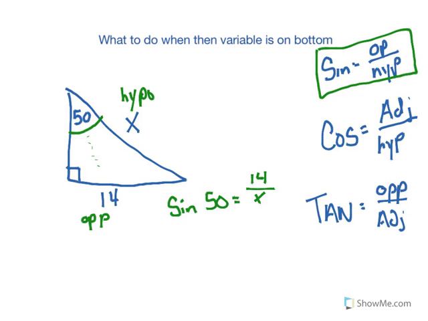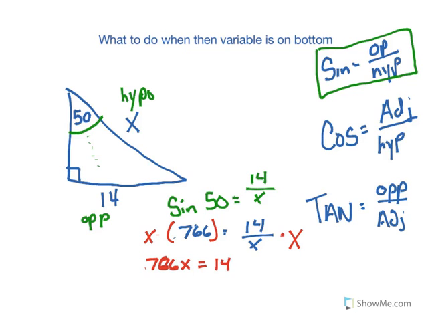In my calculator I'm going to take the sine of 50, which is 0.766. I don't need that 0 on there, it doesn't do anything for us. So 0.766 equals 14 over x. No matter what, I want you to get in the habit of multiplying whatever's on the bottom of the fraction to both sides. So I multiply an x to both sides, and it's just 0.766x equals 14, because these two cancel out.